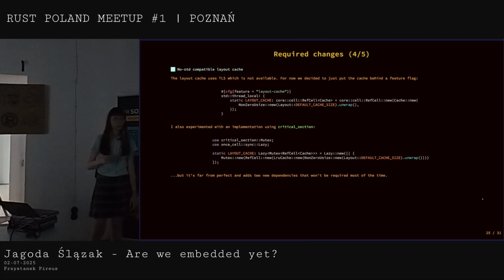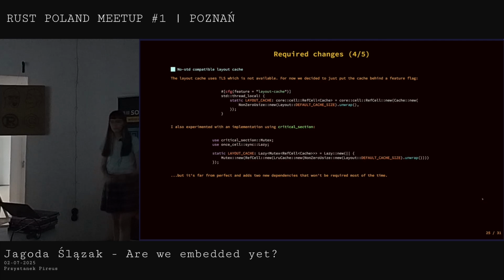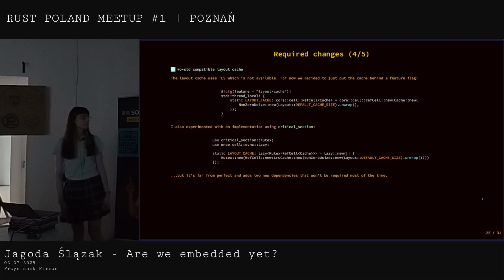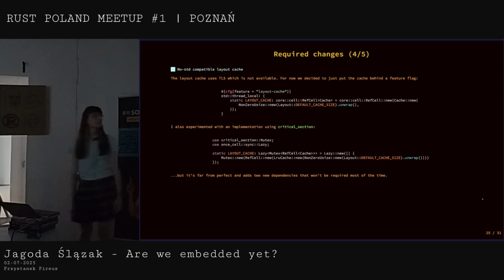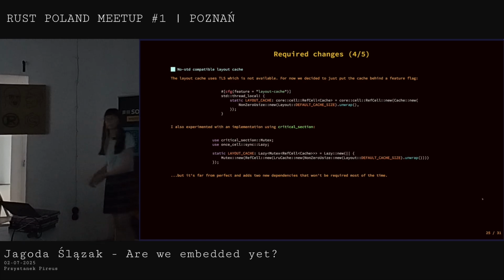So to avoid that, we use a layout cache, which is a thread local least recently used cache. But it's a problem because thread local, as the name suggests, uses threads, and we don't have threads in no-std, because it's only in the std.